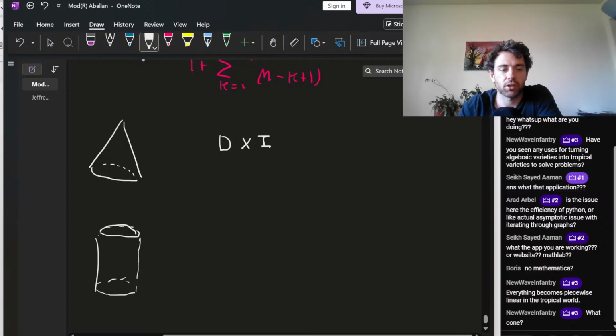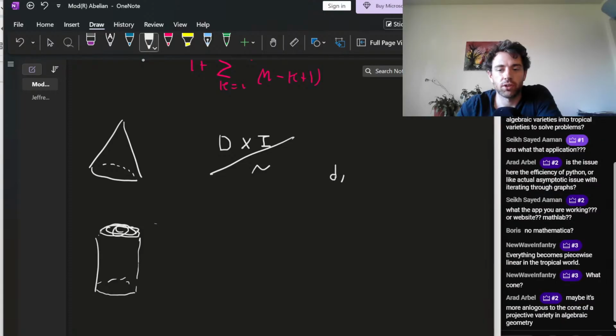Then you quotient out by an equivalence relation which relates all the points where the second coordinate is the same, so that this all gets squished together. And so that collapses this to a cone.